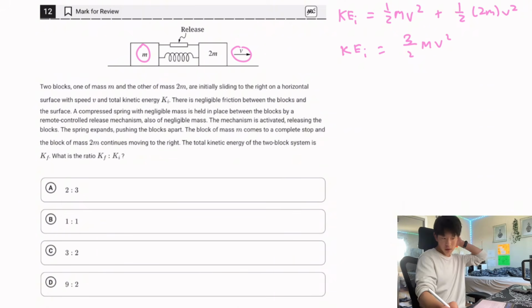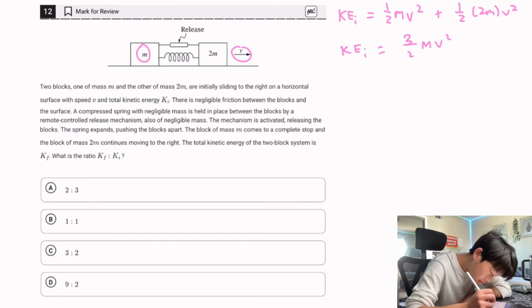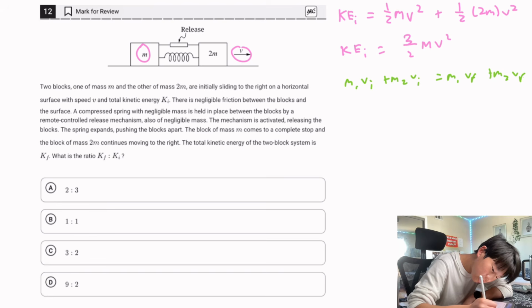Okay, now we need to find kinetic energy final. But here's the thing, it doesn't give us the velocity. So here's a way we can find it: use the conservation of momentum, m1 v initial plus m2 v initial equals m1 v final plus m2 v final.